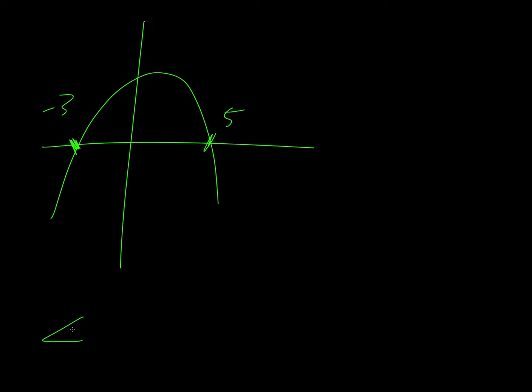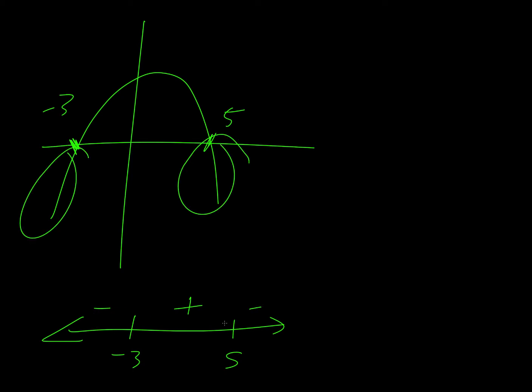And so if we draw the sign diagram for this, we mark the x-intercepts. And in between -3 and 5, we're above the x-axis, and the other places we are below. This piece is below, this piece is below, so those are negatives.